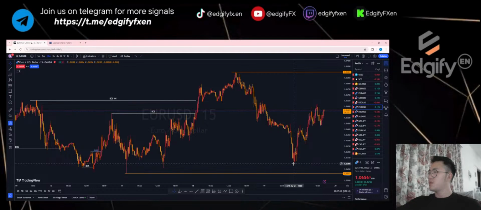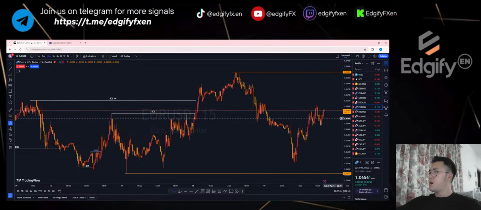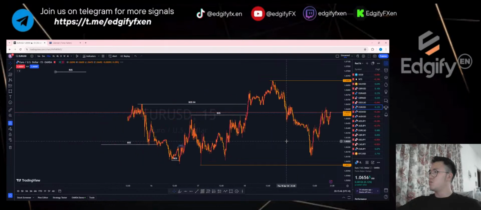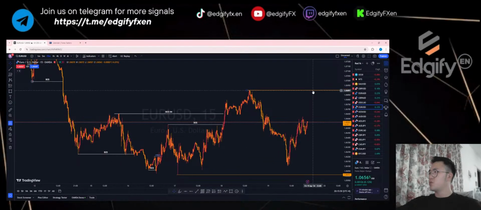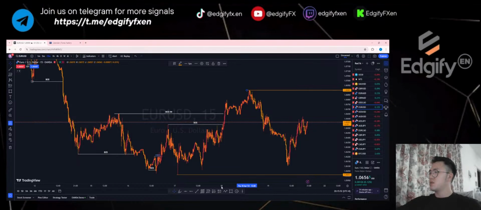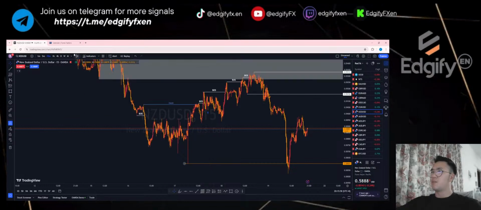Okay, on the 15th, this one happened in the morning, which we didn't manage to catch. We'll just let Euro USD move by itself first. Probably looking to break this level. And if this level is broken, we'll look at a newer range to see where we can actually take a sell and a buy.